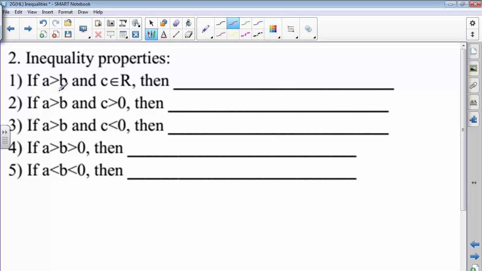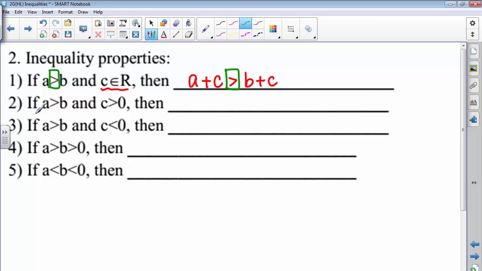The first one is, if A is greater than B, and C can be any real number, then A plus C is still larger than B plus C. This property suggests that if we add the same number to both sides of the inequality, we always keep the inequality sign.